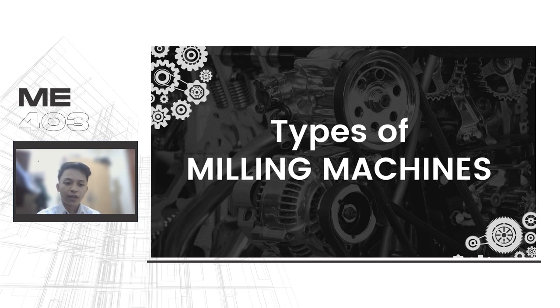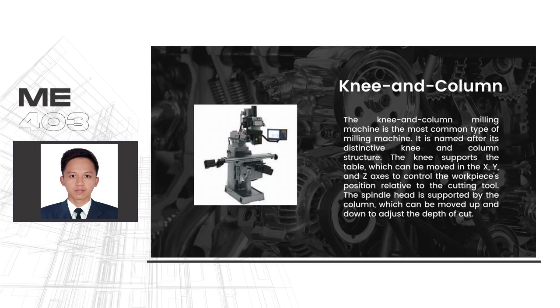With a lot of functions and workpieces to work on, we should also take note of the various types of milling machines. These machines include the knee and column, plain milling machine, universal milling machine, and vertical milling machine. The knee and column milling machine is the most common type of milling machine, named from the knee and the column structure.